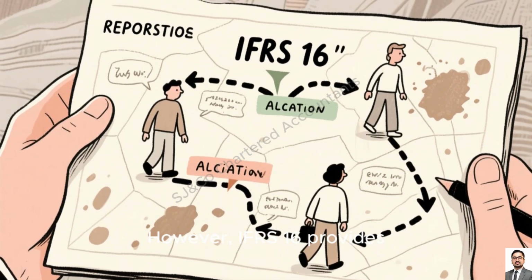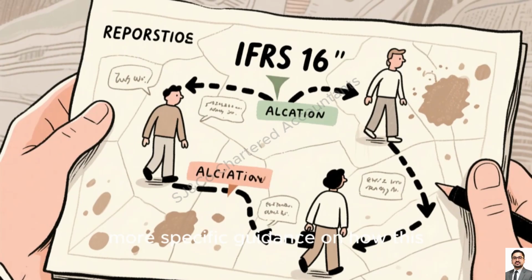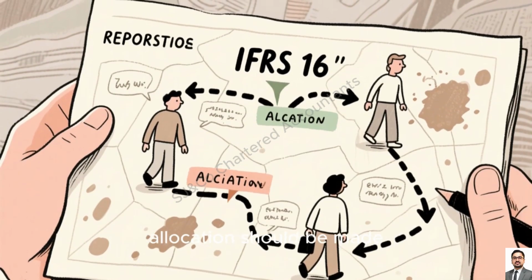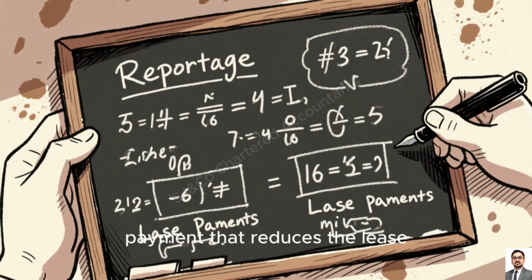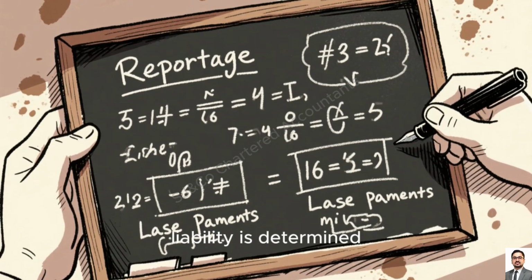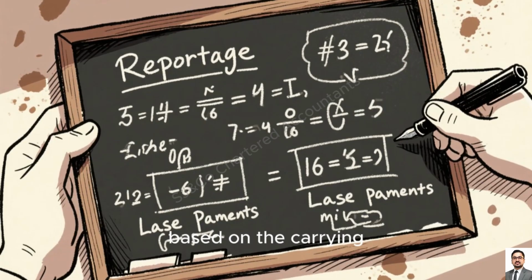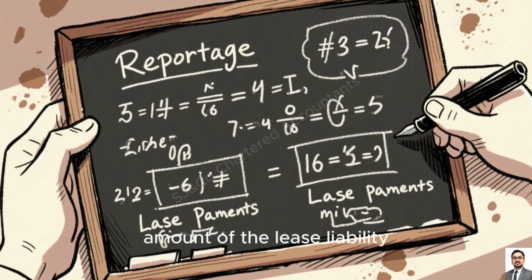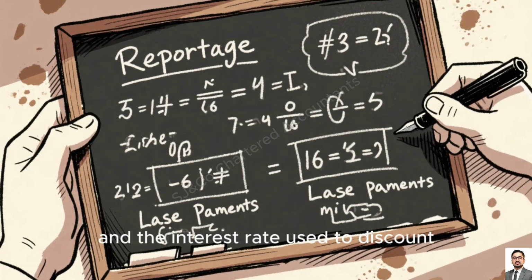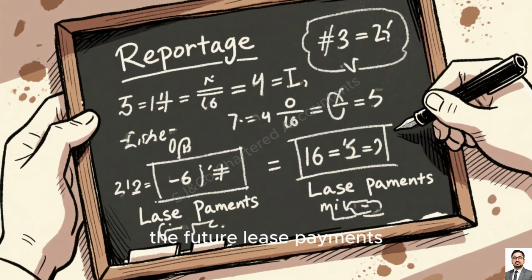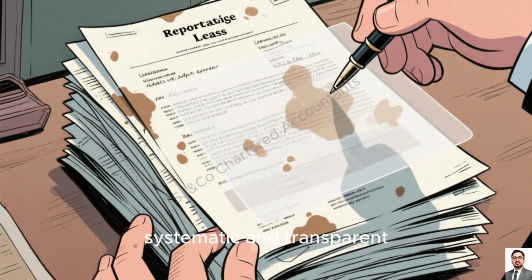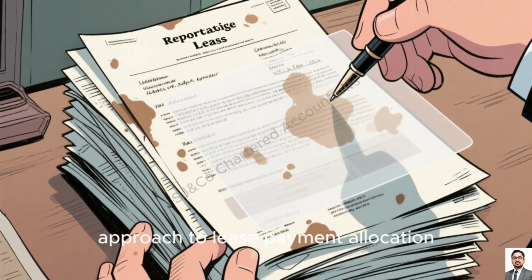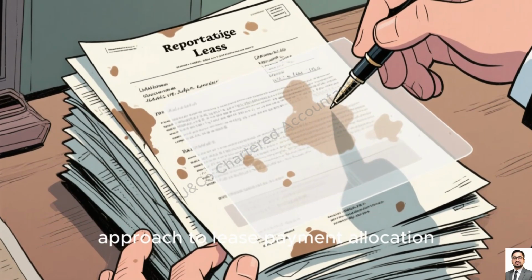However, IFRS 16 provides more specific guidance on how this allocation should be made. The portion of the lease payment that reduces the lease liability is determined based on the carrying amount of the lease liability and the interest rate used to discount the future lease payments. This approach ensures a more systematic and transparent approach to lease payment allocation.